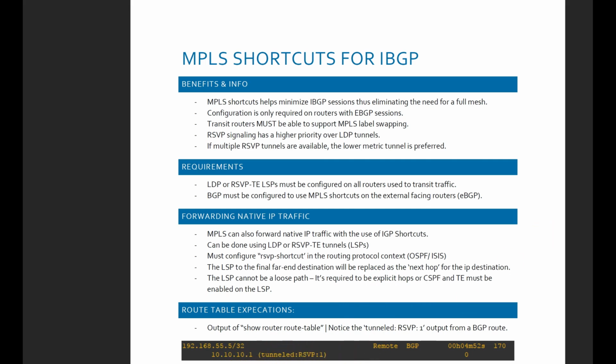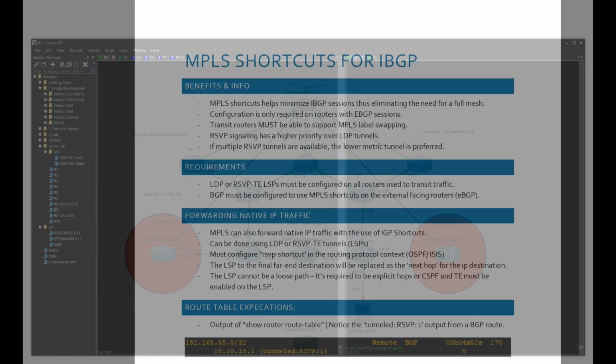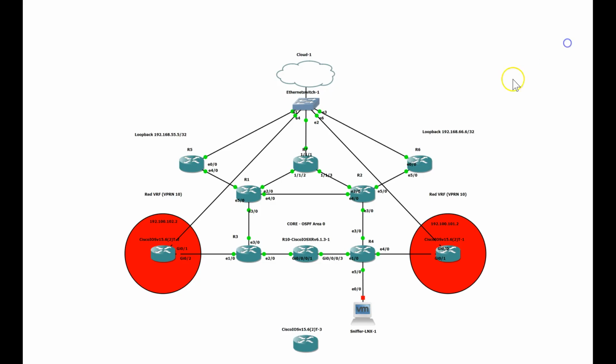So let me show you guys what I have going on here. Here are my routers 5, router 6. I have loopbacks, and these are eBGP sessions between 6 and 2, between 5 and 1.